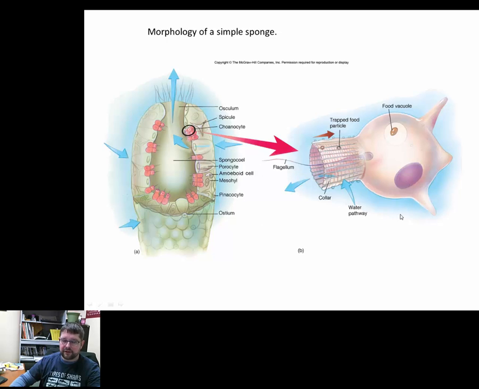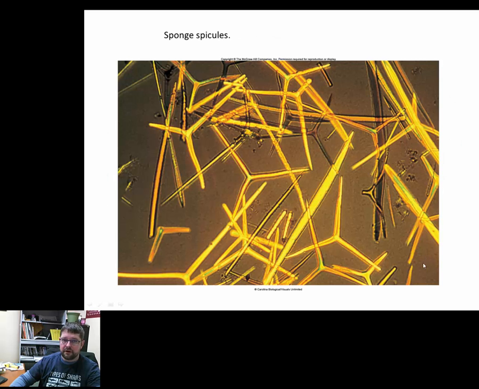But nonetheless, it's not enough to call it tissue. Here's an example of some spicules. This is a calcium carbonate spicule, that would be embedded in between the ectodermis and endodermis in that mesohyl, mesoglea system to provide that rigidity of the organism.